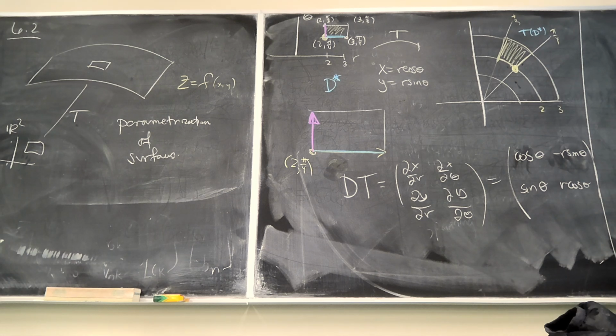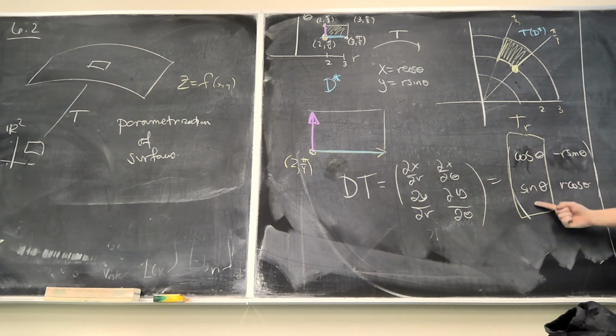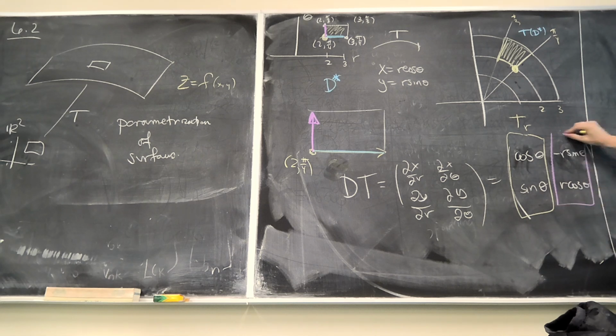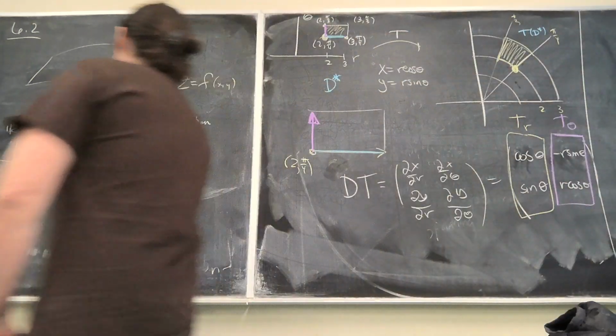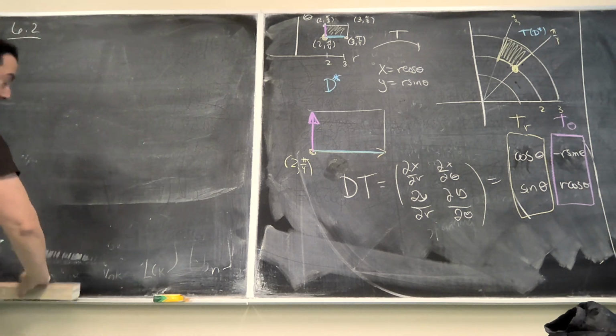And then we made the definition that this column of this matrix is called T_r because it's the r derivatives of the two functions. This column was called T_theta because it was the theta derivatives of the transformation. And the claim was that T_r and T_theta build us a useful rectangle in the image.